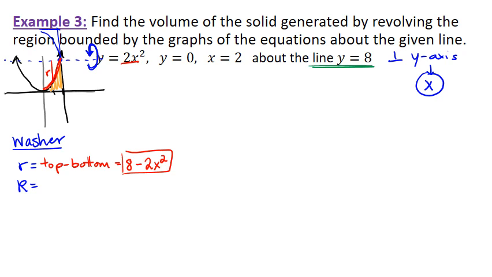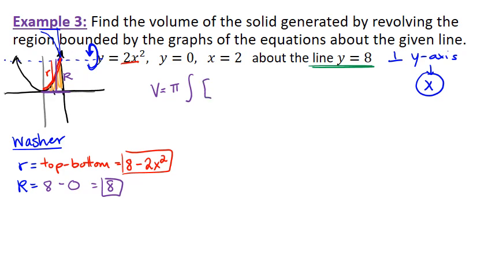Now let's find big R. Big R goes from the axis of revolution to the outermost portion of our function. So if I do top minus bottom, the top is 8, the bottom is 0, so this is simply 8. So I now know big R and little r, and I can set up my integral. It's going to be pi because this is a circular shape.